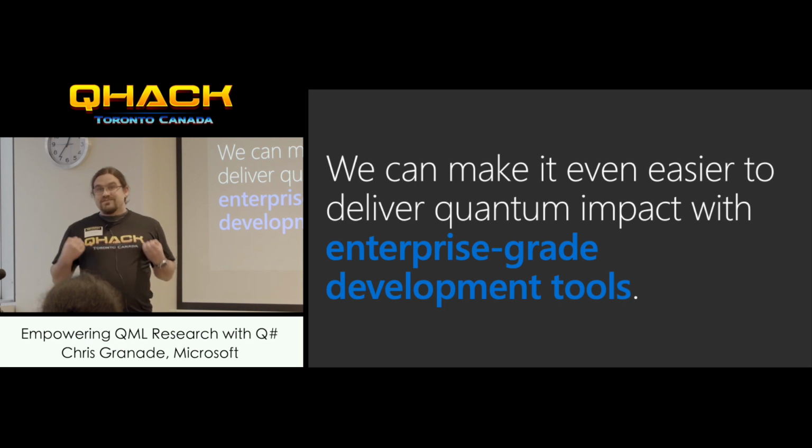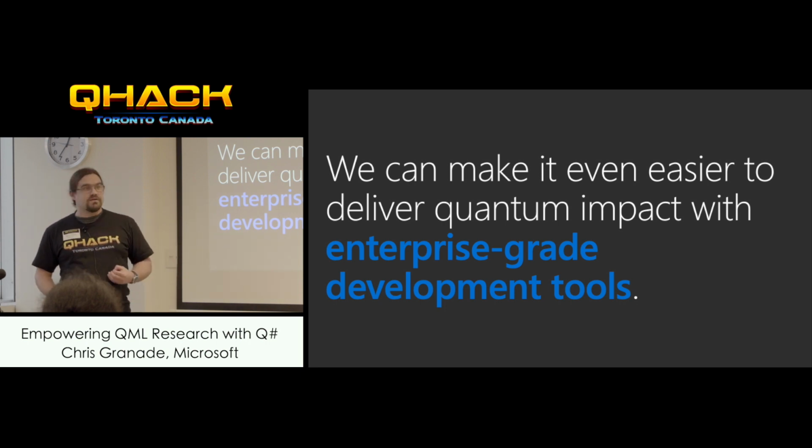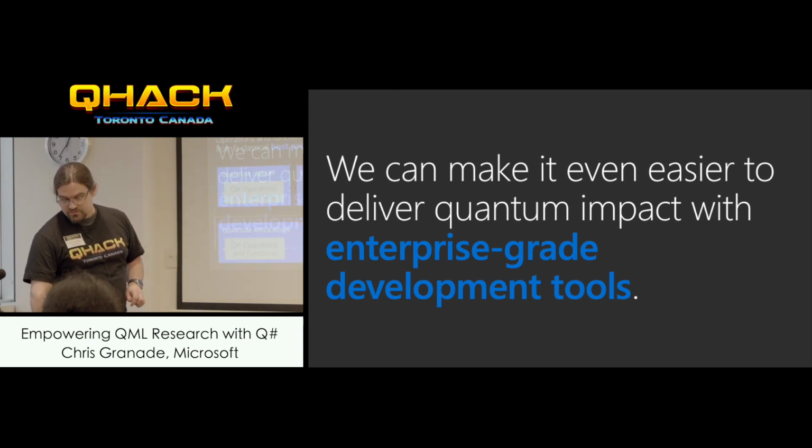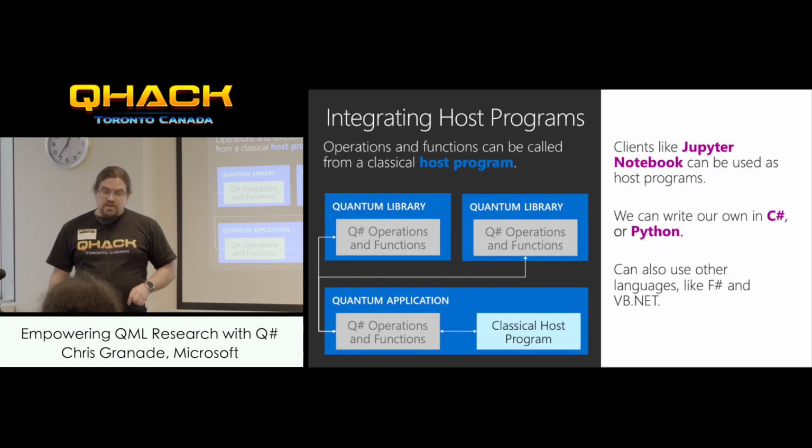We can make it even easier by learning from the history of classical development, that we also just need good tooling. So we've taken the effort to build out enterprise-grade development tooling. One important part of that is integrating with good classical languages. We're not trying to reinvent the wheel here.